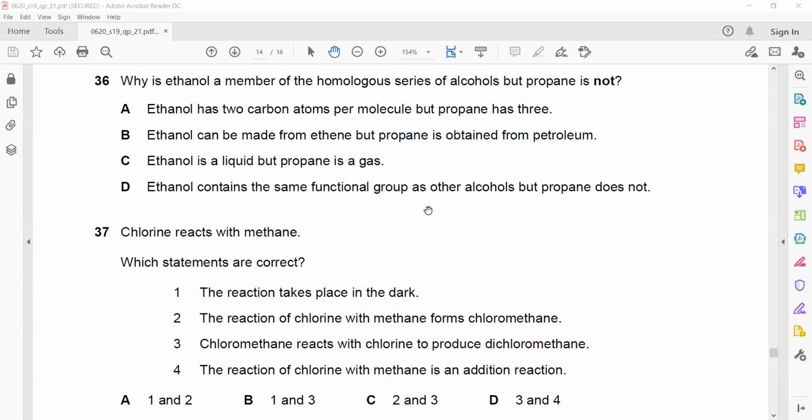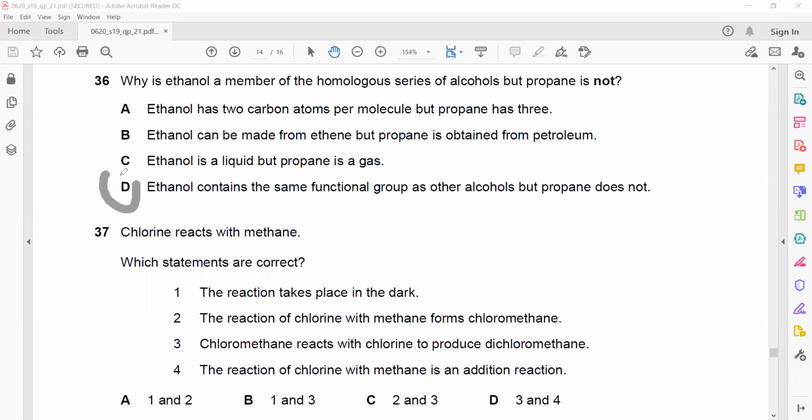Question 36. So 36D is the right answer.